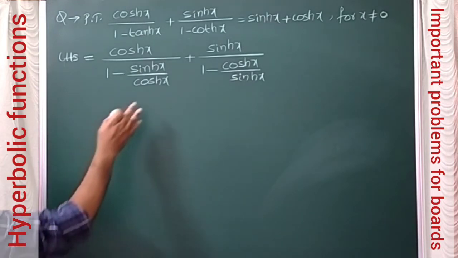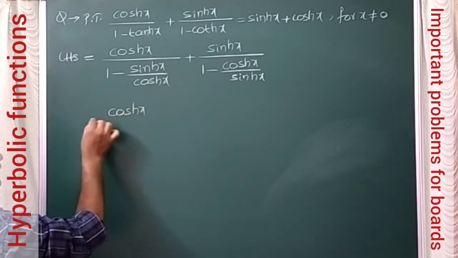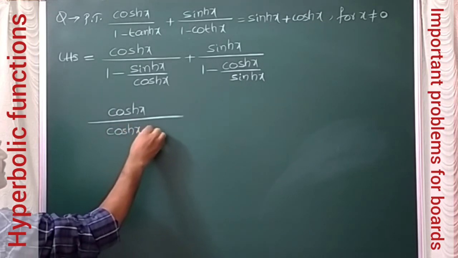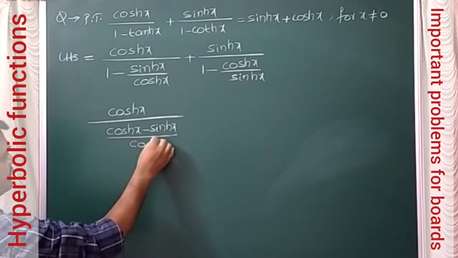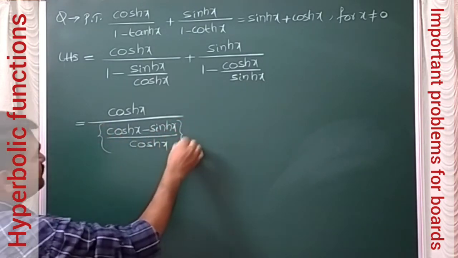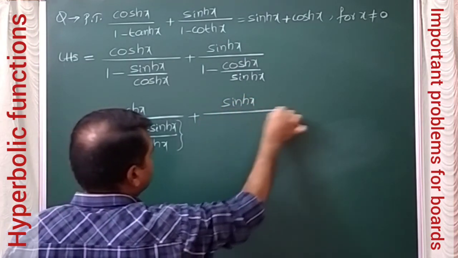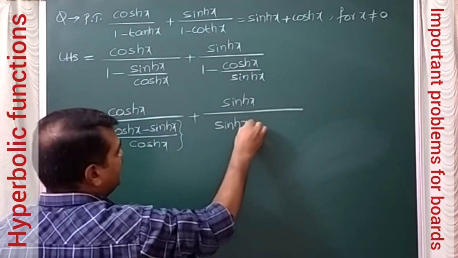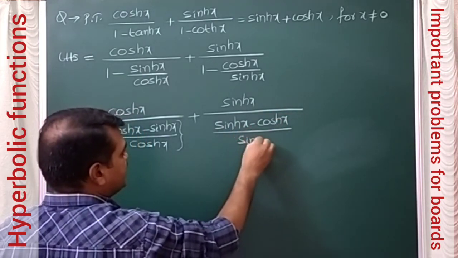Now in the denominator part, I will take LCM. So here if we take LCM, we will get cos hx minus sin hx by cos hx. So this is the denominator part. Similarly, here also, if we take LCM in the denominator part, we will get sin hx minus cos hx by sin hx.